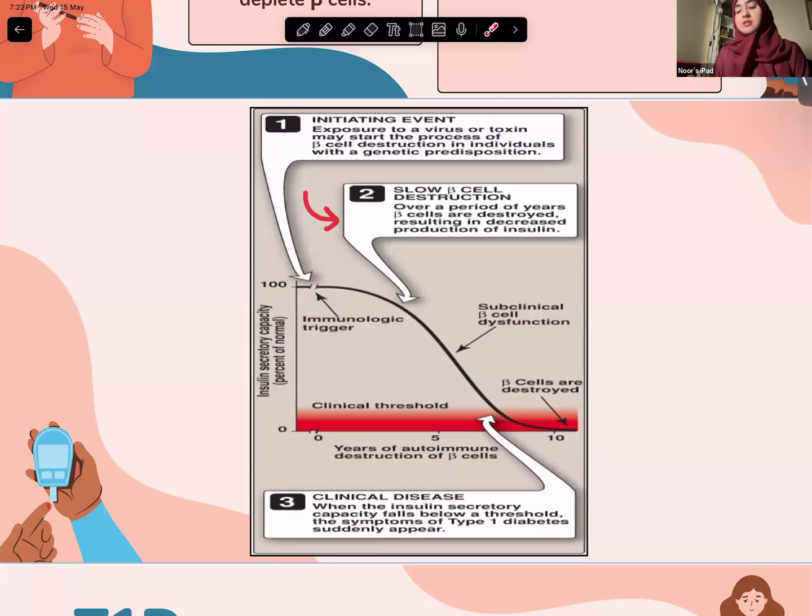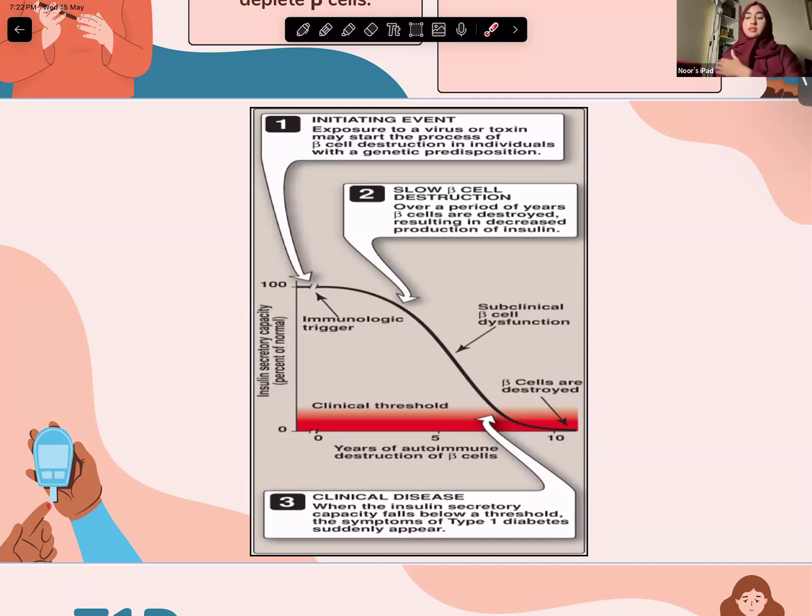The next step is that once they get in, there is slow beta cell destruction. Over a period of years, beta cells are destroyed, resulting in decreased production of insulin. This line is for insulin. You see how the insulin is decreased, but at this point the beta cells are completely destroyed, which means insulin is no longer being produced.